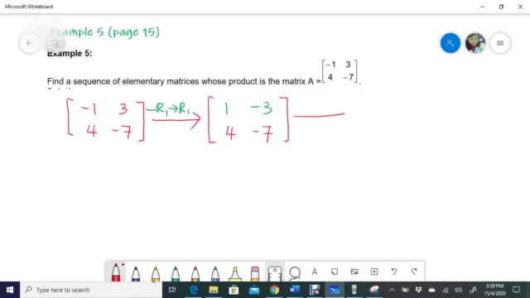So you will have R2 minus 4R1 happen to R2. So 4 minus 4, you have 0, right?